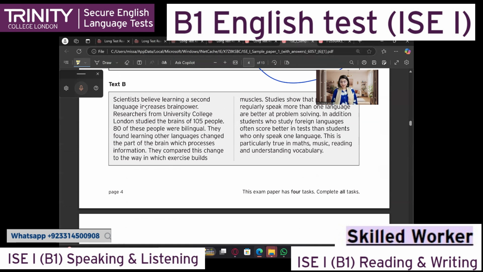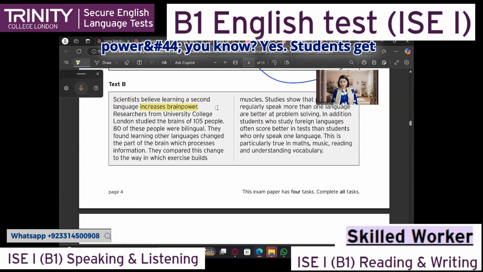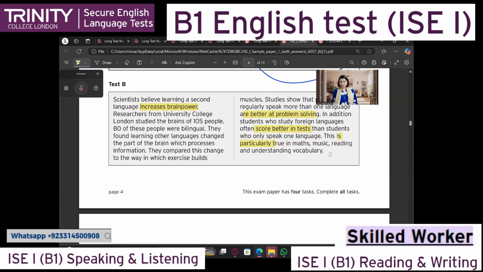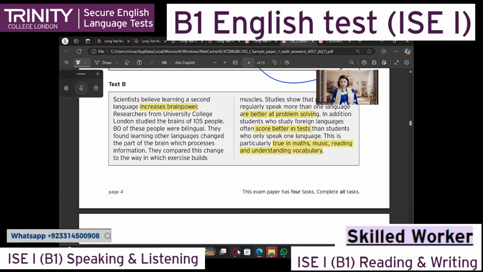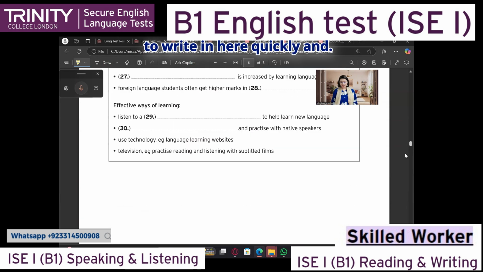Basically, it increases brain power. Students get better at solving problems. Students score better in tests, and they also get to learn other things like maths, music, reading, and understanding vocabulary. They're better at it, right? So that's what we're going to write in here quickly.